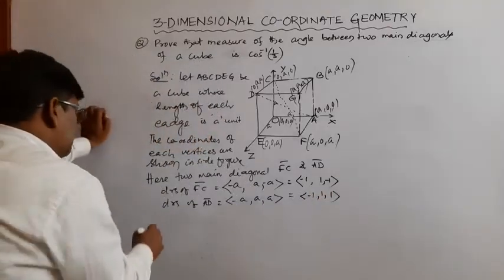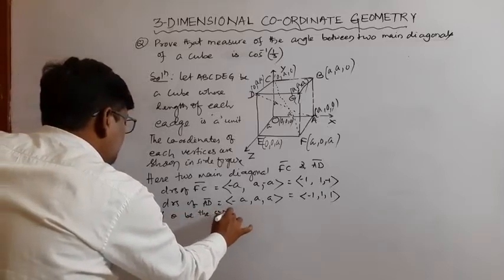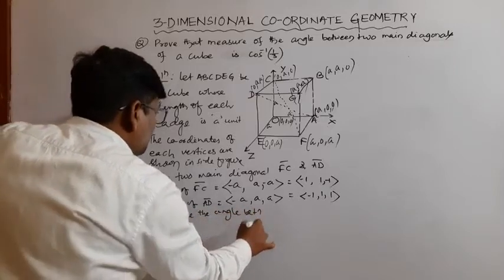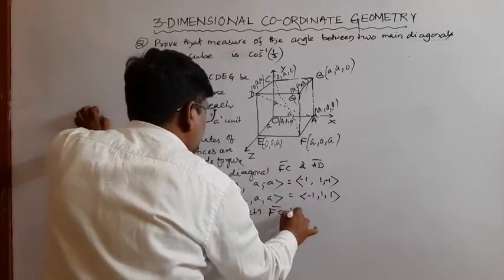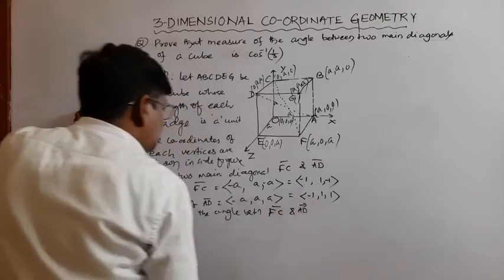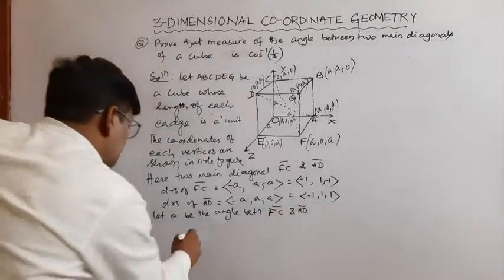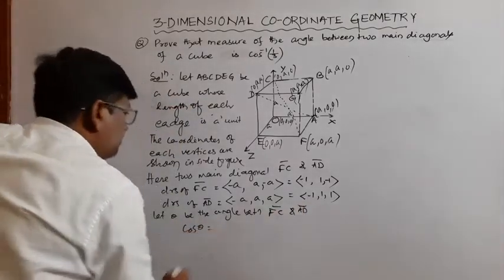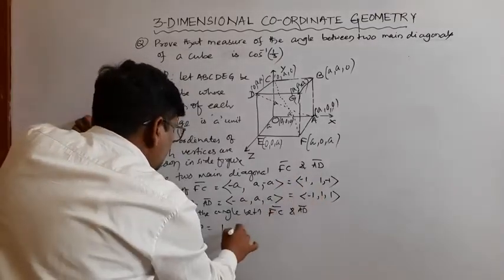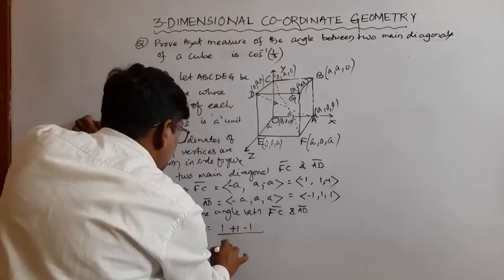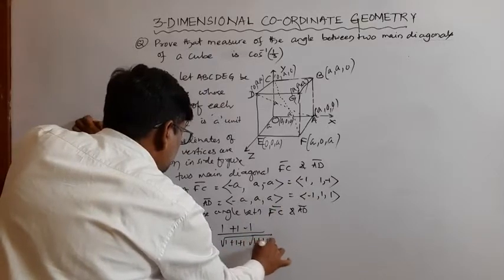Let theta be the angle between FC and AD. So cos theta is equal to (minus 1 into minus 1, plus 1 into 1, plus minus 1 into 1) by root over 1 plus 1 plus 1 times root over 1 plus 1 plus 1.